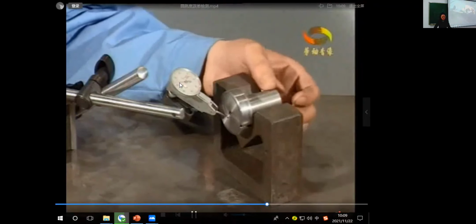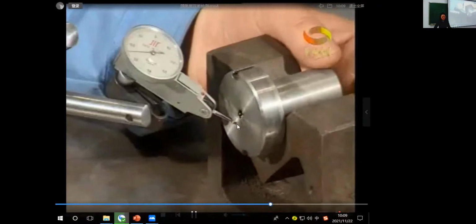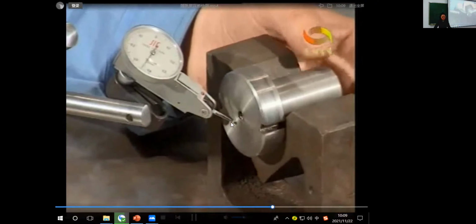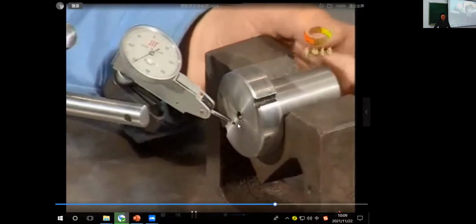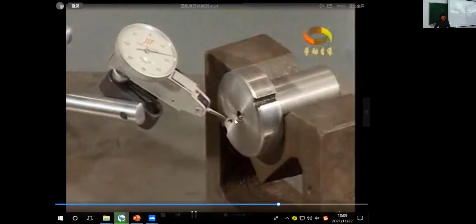And this is to record the different values, the maximum and the minimum. And get the average data.